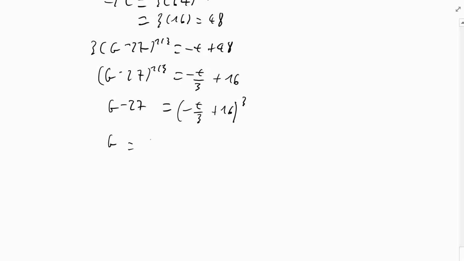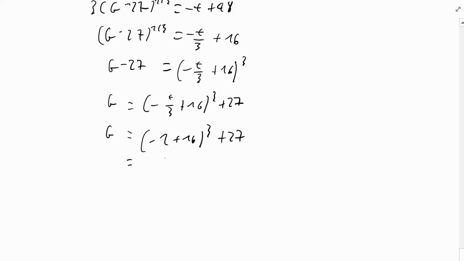G equals negative t over 3 plus 16, cubed, plus 27, and we find g at time equal to 3. So at t equal 3, you got negative 1 plus 16 to the third, plus 27, which is 15 cubed plus 27.